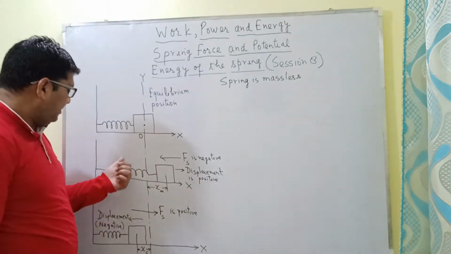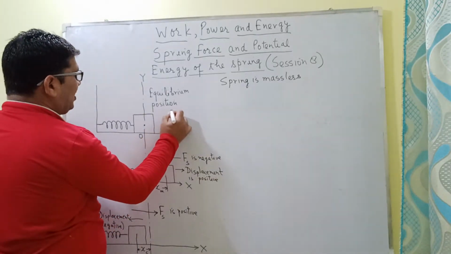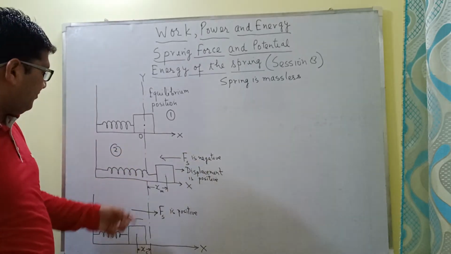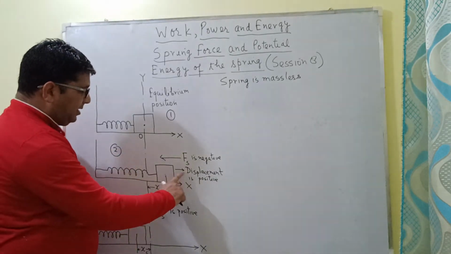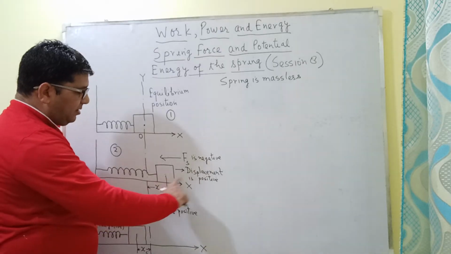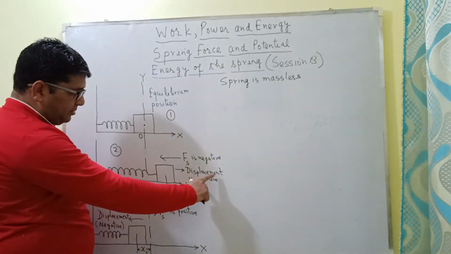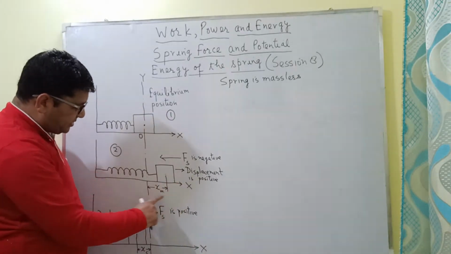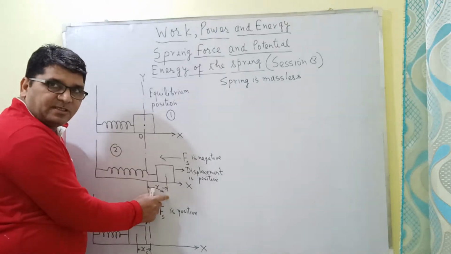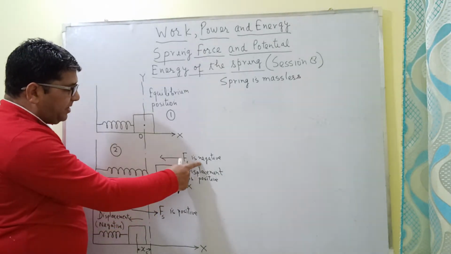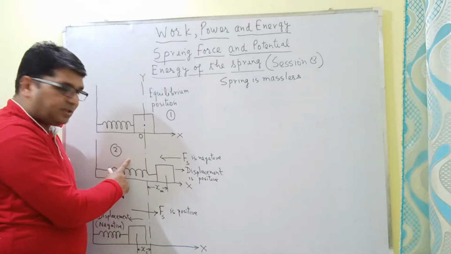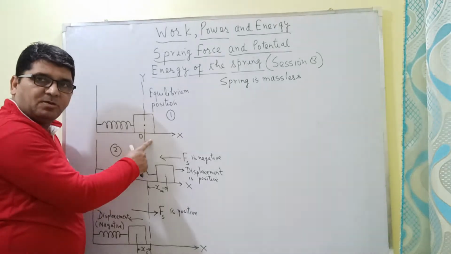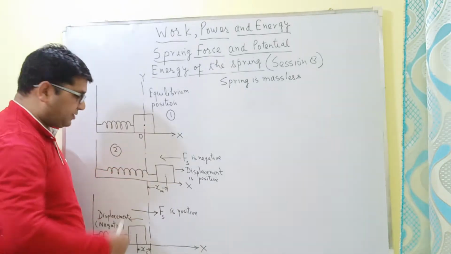Let's say this is figure number 1, and this is figure number 2. In the second figure, this spring is displaced in the positive x direction. Let us say the displacement is xm, so the spring force will be acting in the opposite direction, because it will try to bring this block back to its equilibrium position.